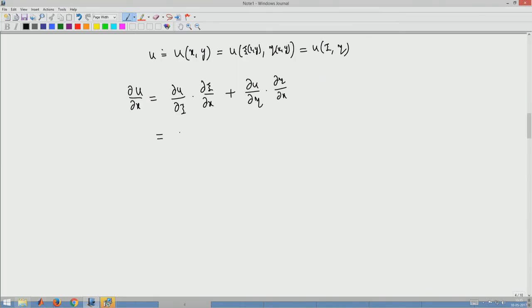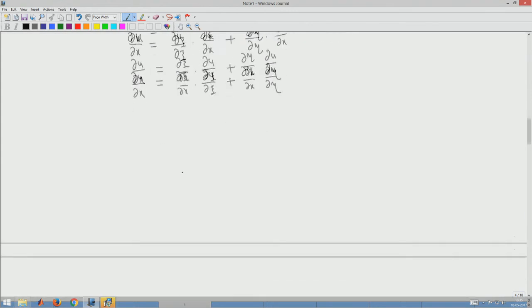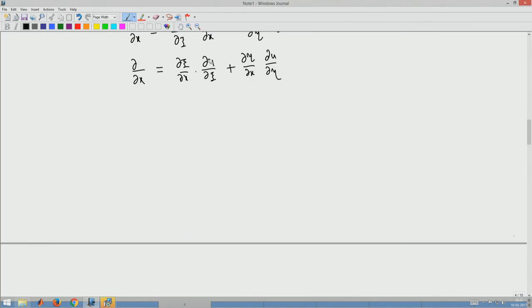You can rewrite this: dou xi by dou x you put in front and dou u by dou xi next, plus dou eta by dou x first and then dou u by dou eta. If you write this, this is your dou u by dou x, and if you remove this u, this is just like an operator.